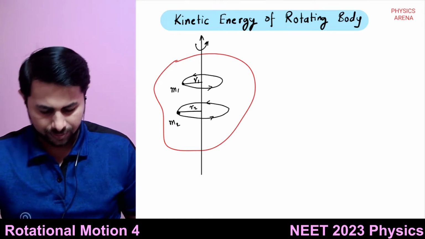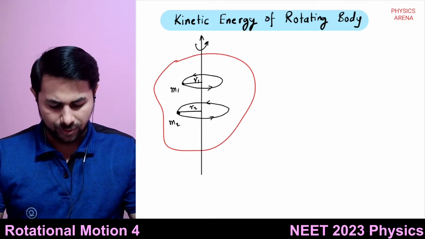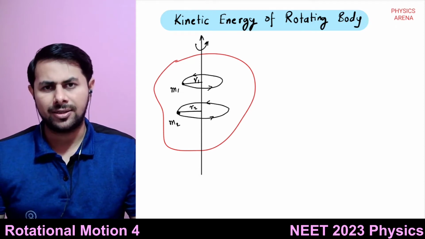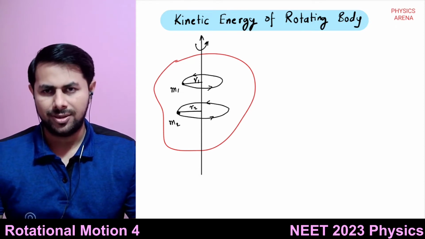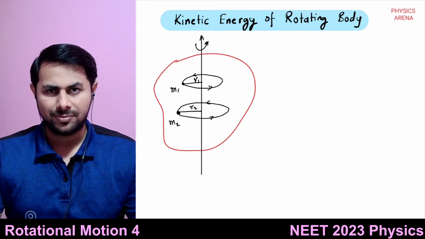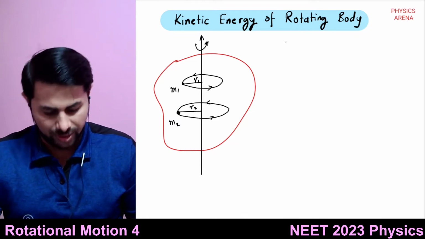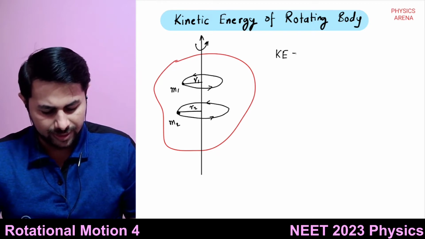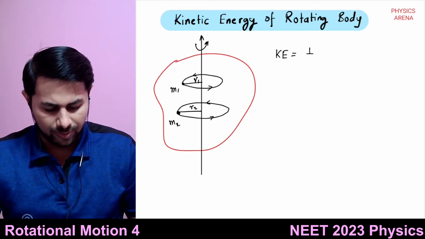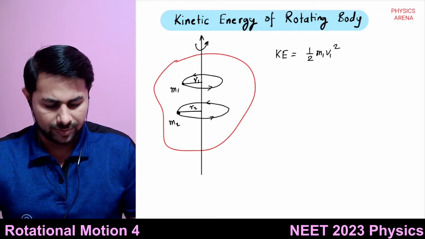Okay, so if we add kinetic energies of all these particles, we should get kinetic energy of the body, right? So I can say kinetic energy of this rotating body is equal to half of m1 v1 square.